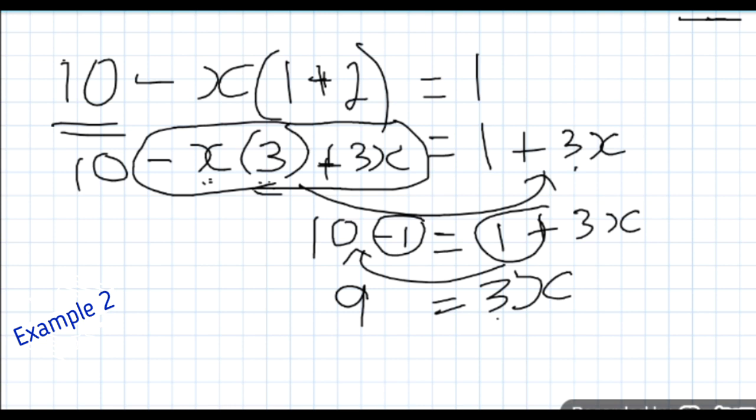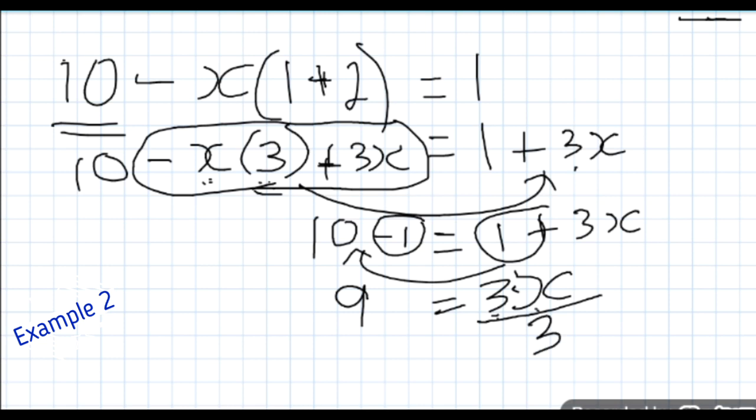This 3x means 3 times x. So we find the opposite of 3 times x, opposite of times 3. So this is times 3, x times 3. You do divide by 3, right?